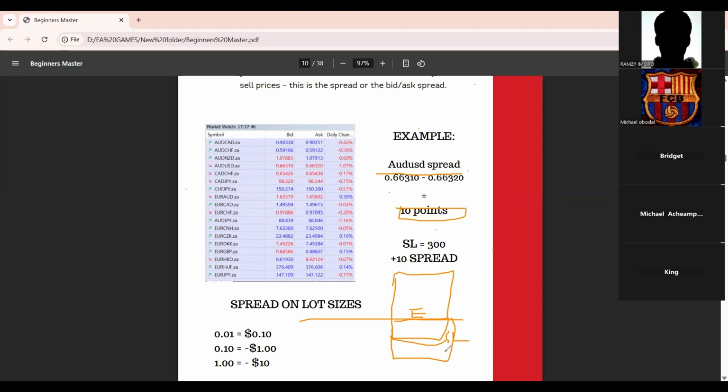It shouldn't be that, but if you calculate your pips and you understand your spread, you can increase your SL, because people will say, okay, it didn't hit my SL on my chart, but when I went to my MT5, it actually hit my SL. Yes, because you didn't take your spreads into account.